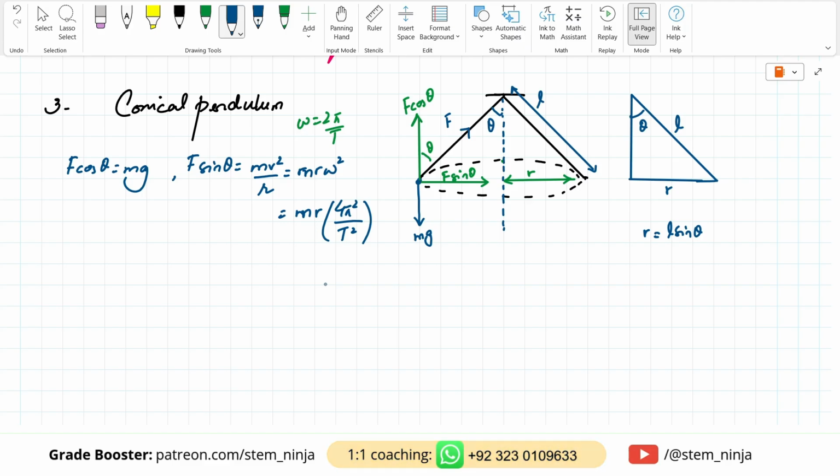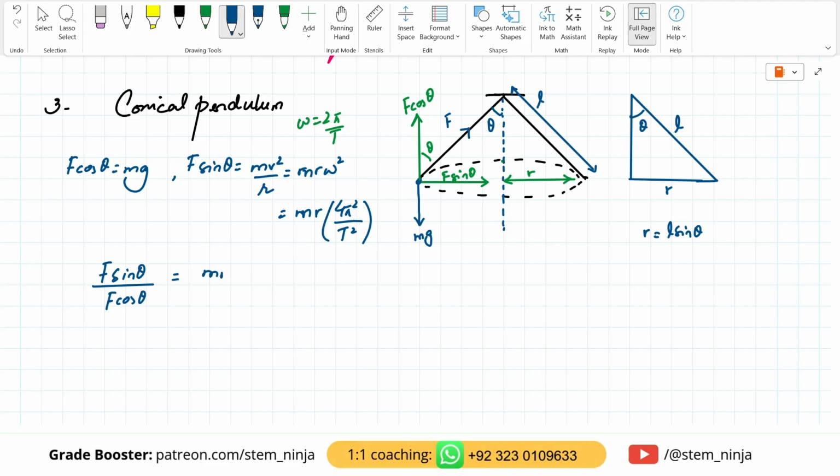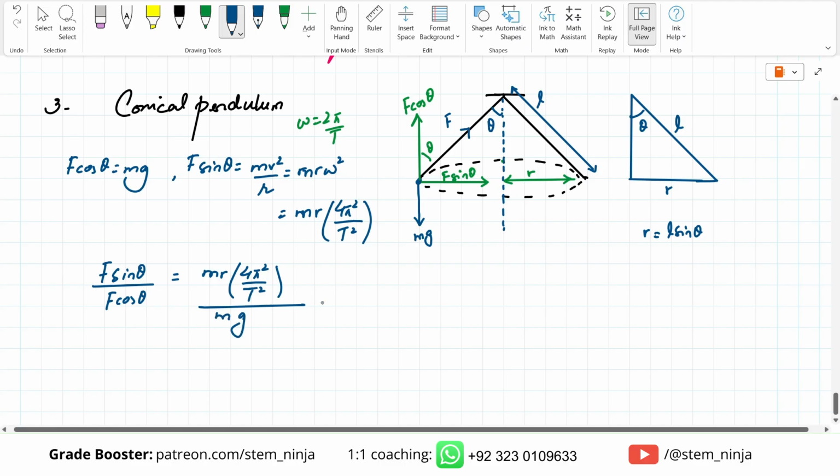Now, when we solve these simultaneously, F sine theta over F cos theta equals mr 4 pi squared over T squared divided by mg.